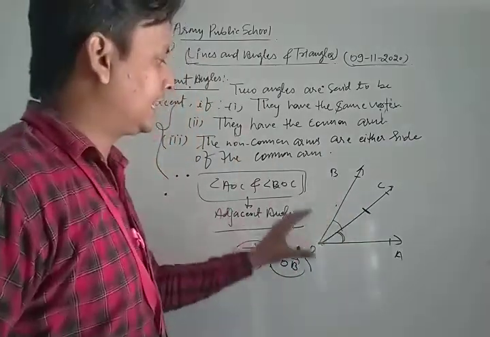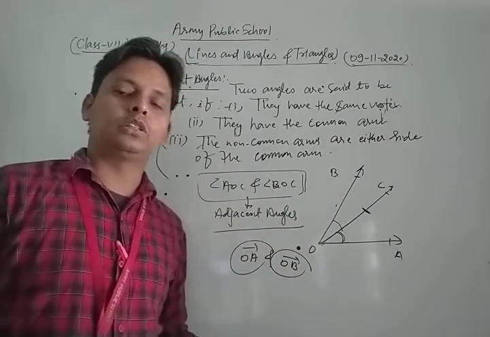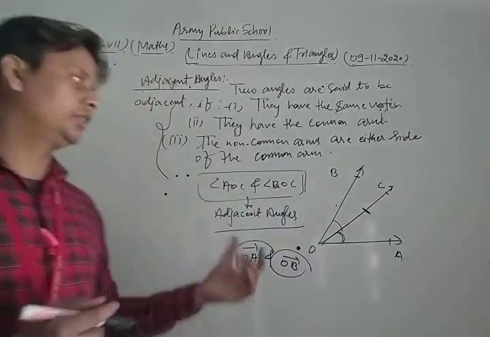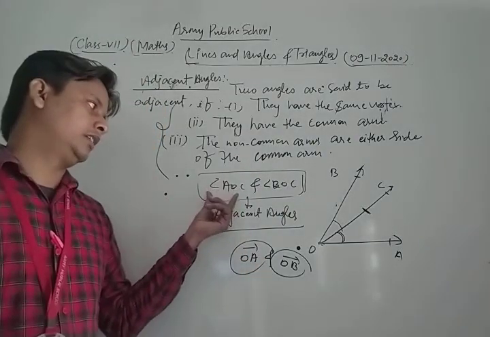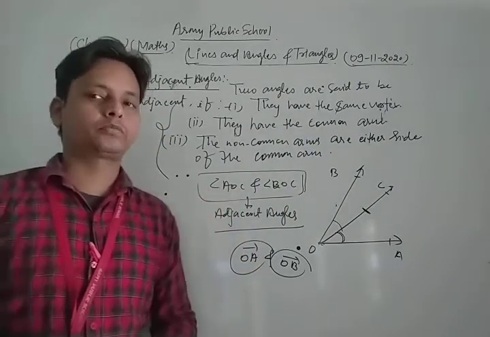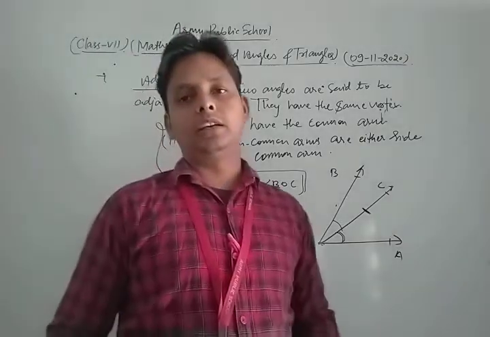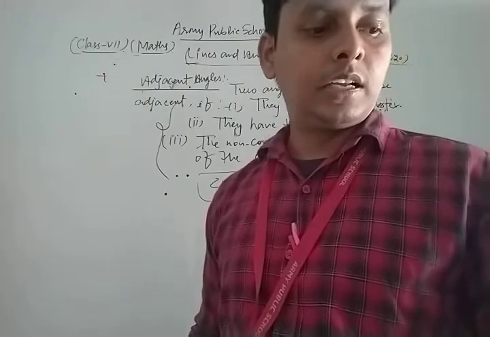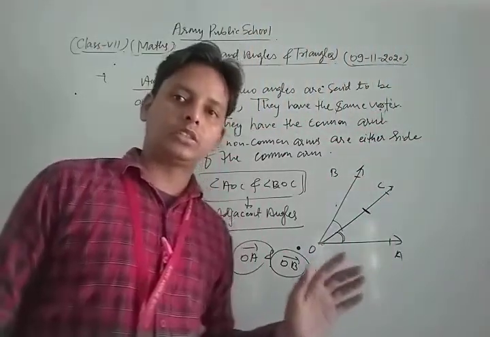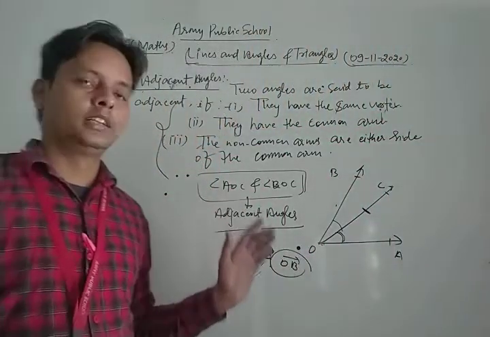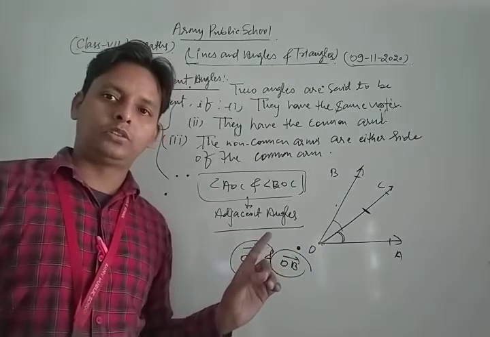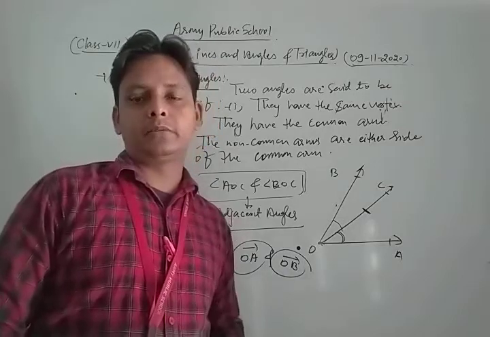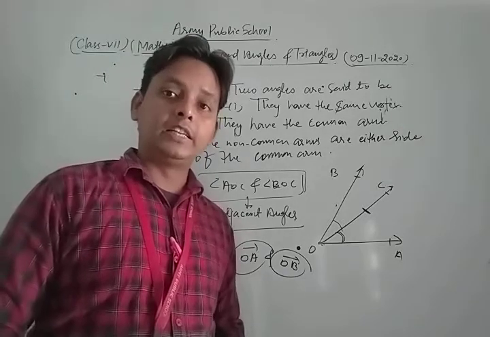So angle AOC and angle BOC follow all three criteria for adjacent angles. So dear student, we can say that here angle AOC and angle BOC are adjacent angles. So this is the concept of adjacent angles. Now dear student, we are going to discuss some important concept related to linear pair. Let's see.